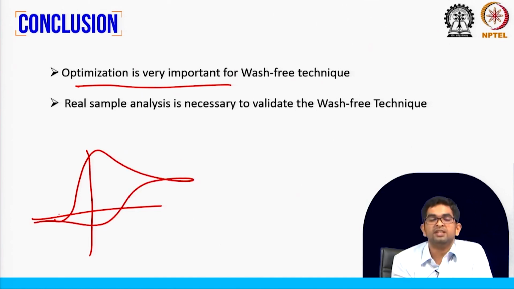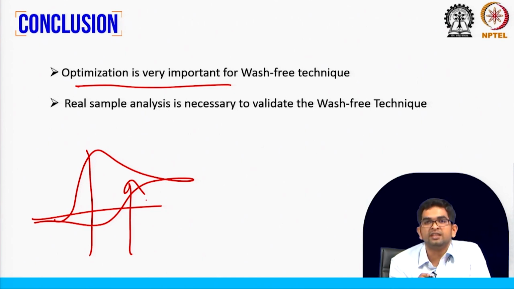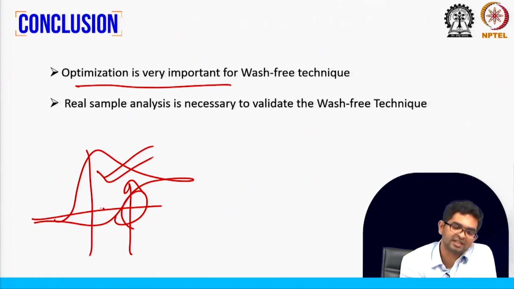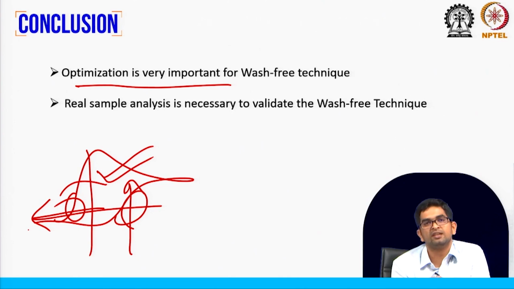From that cyclic voltammetry you will get lots of information, like which potential you have to apply, and at that potential you have to think about how other interfering species that your real sample may contain will behave. If you see that your interfering species also can react very fast, they can cause background at that potential, then you have to change the mediator, or change the reagent, so that it can shift towards the left, so that you can apply a lower potential, near zero potential. So optimization is really very important.